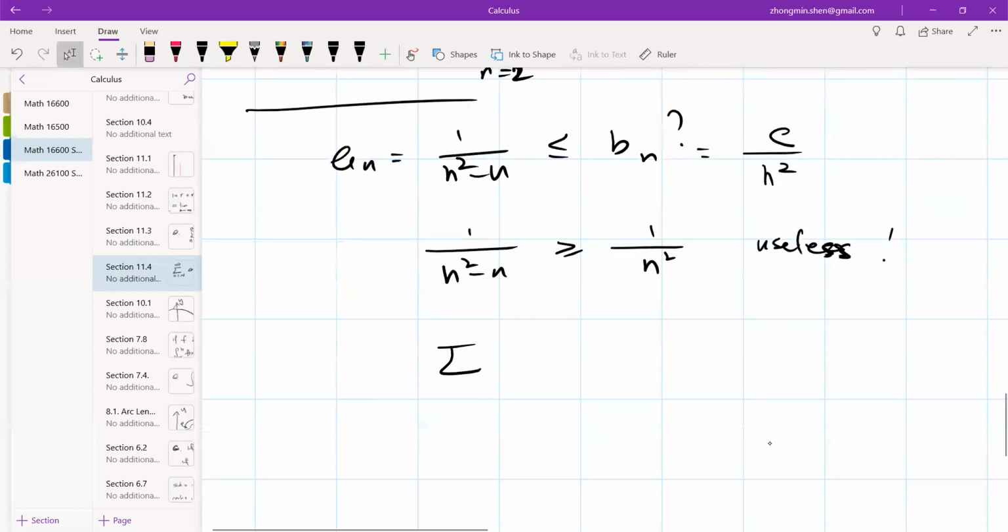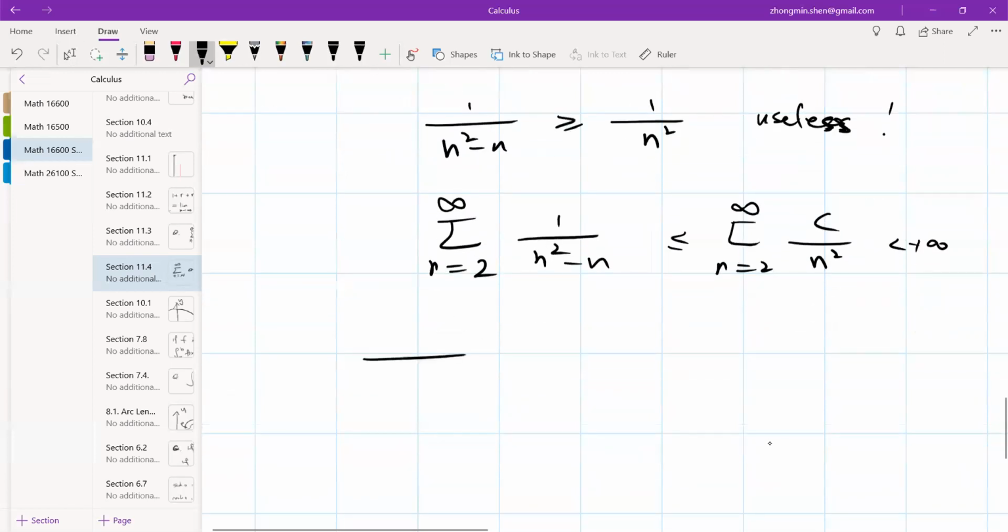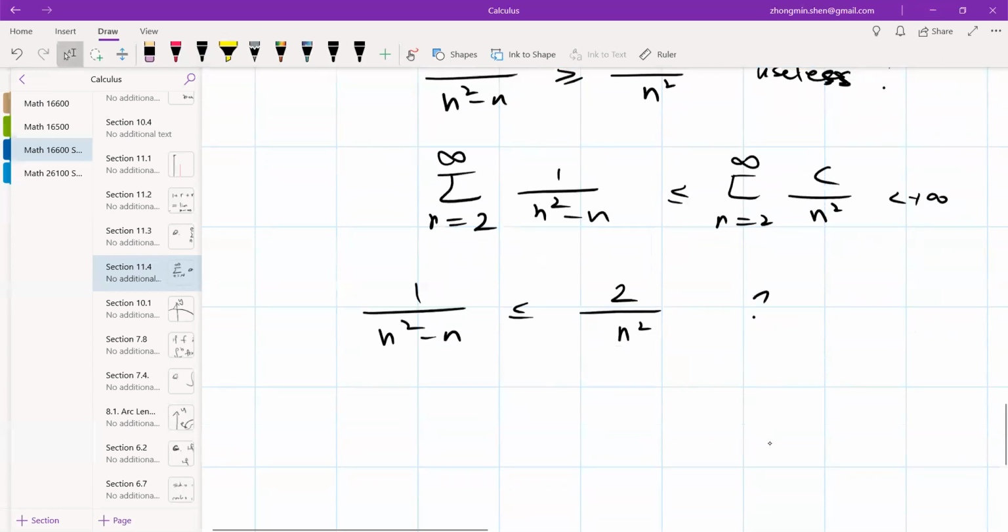Now you want to get something like c over n squared, which is finite. Then you can say this is finite. So the question is, how do you find the c? You can make a larger c. How about this? Just assume n squared minus n is greater than or equal to n squared over 2c, maybe that works, for some large n.